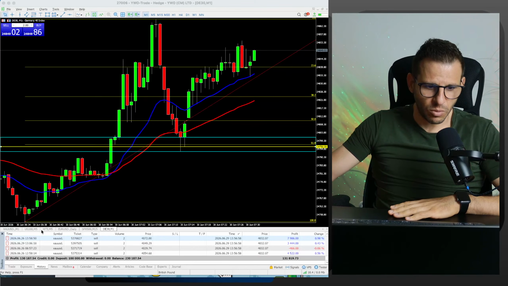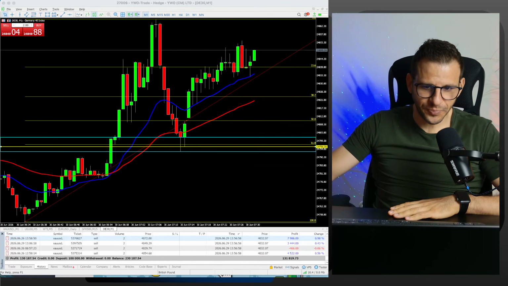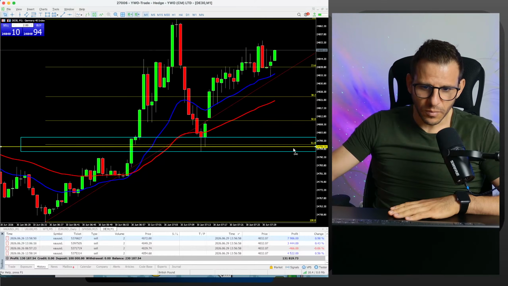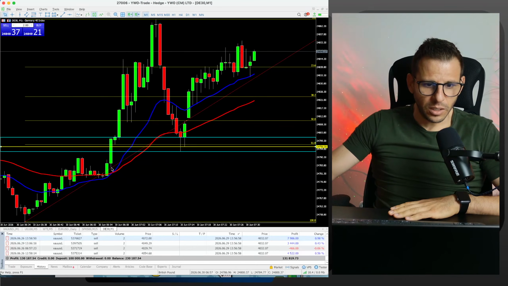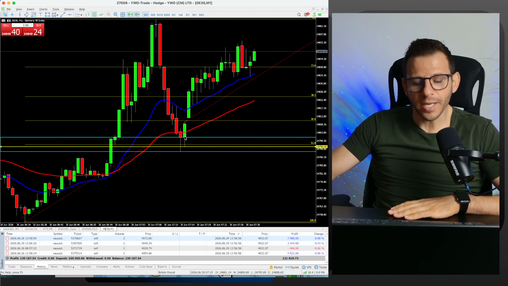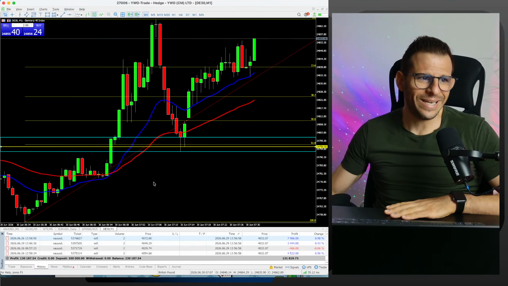They act as dynamic support, dynamic resistance, but I don't trade bounces from the moving averages. As you see here, it was one solid trade that included break and retest, price action, and Fibonacci retracements, and it happened to reject the 50 period. So I can use this mainly as a filter.